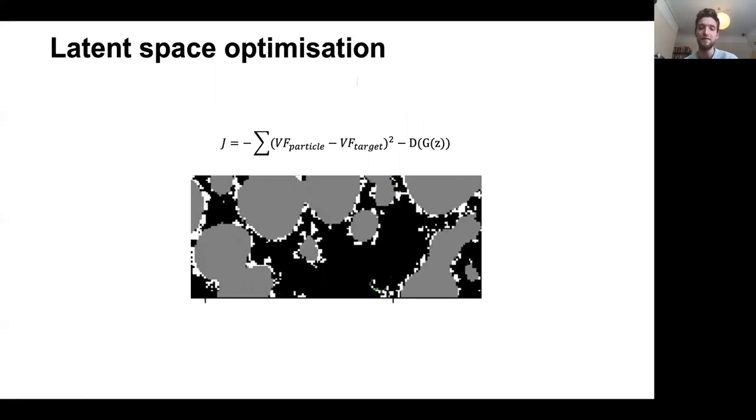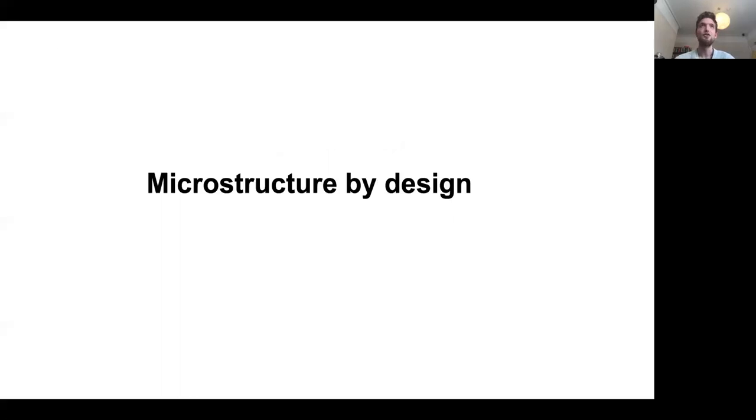Okay, so this is all good and well when we know exactly what we want, right? If I have a target property of surface area and a target volume fraction, then this is great, because I can say, try and make me this instance, and then I can do electrochemical simulations and see how well it performs. But there's still an issue here, because I have to know what I want in order to make this work.